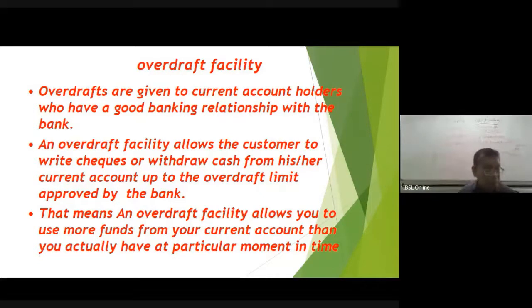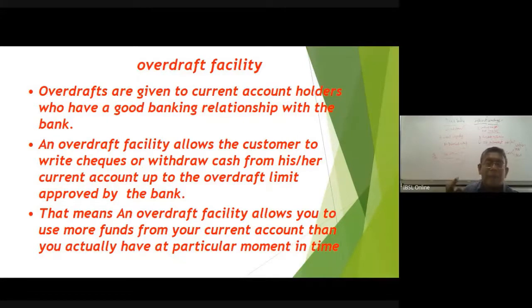Okay, so now write down temporary overdraft. That means TOD. Under that you can say it caters to your liquidity needs at a given point in time. So suddenly you need some cash requirement. This is not permanent.